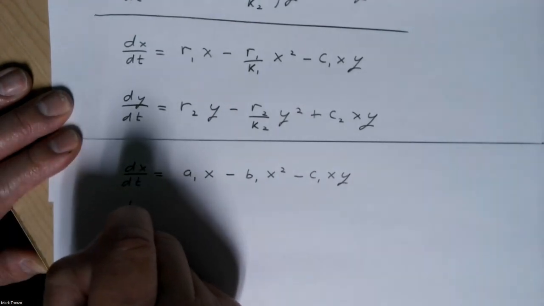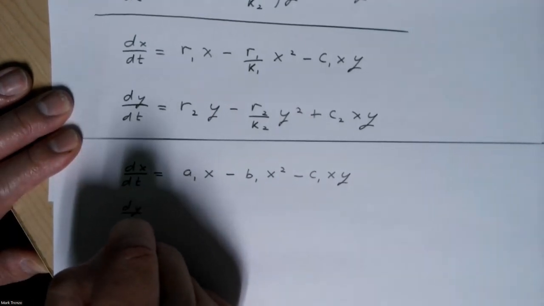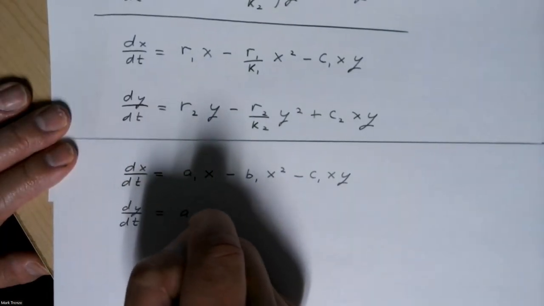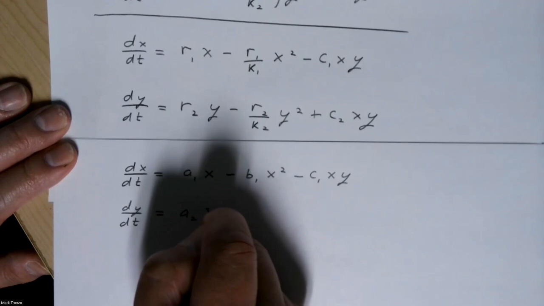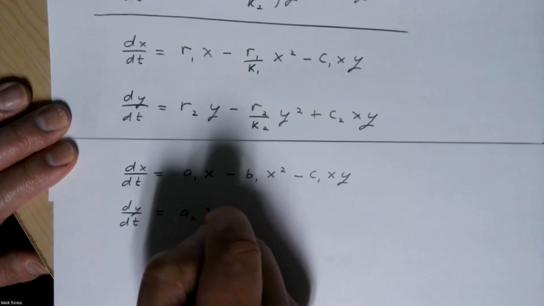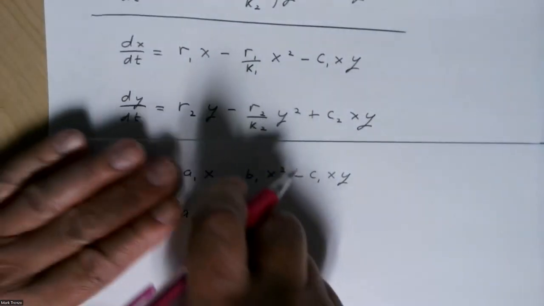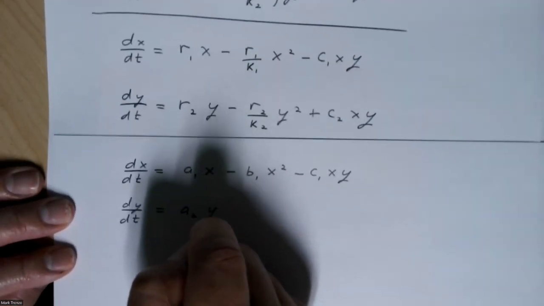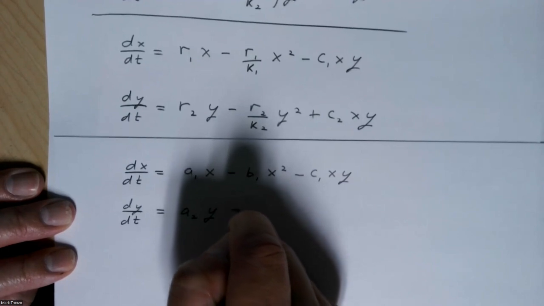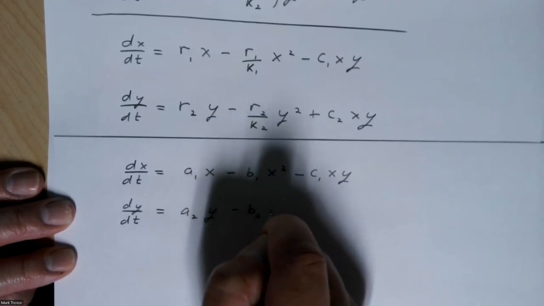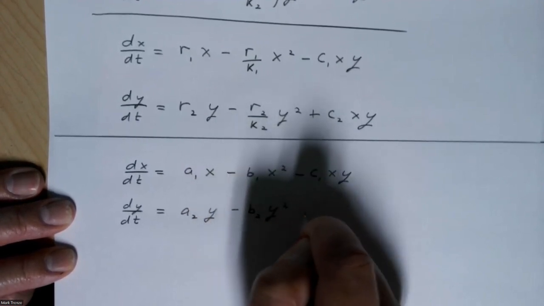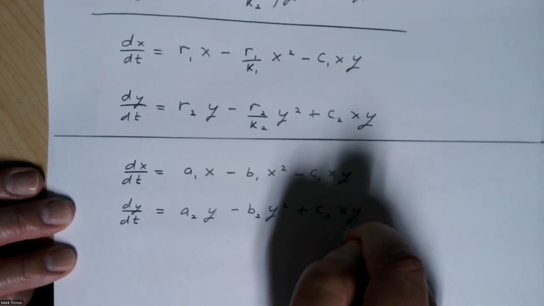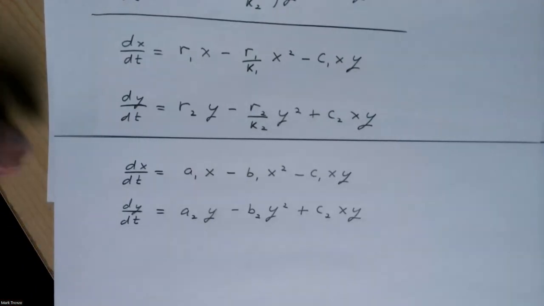And then dy/dt, we'll call this A2 times y. Does that look like a y? Let me fix that. Minus B2 y squared plus C2 xy, like that.